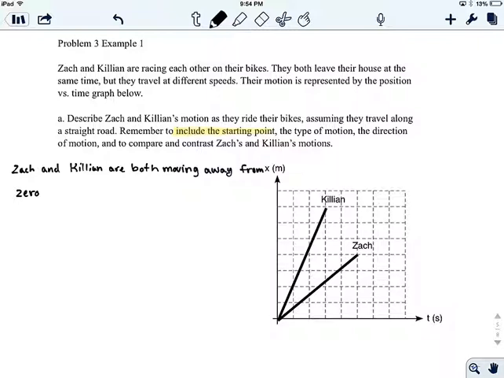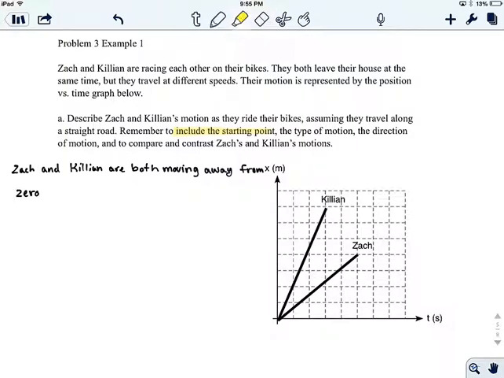Now, I said that because both of their lines are going uphill. If one of them had been going downhill, then I would know that it's going towards zero. But since they're both going uphill and zero is down here, that means they're going away from zero.